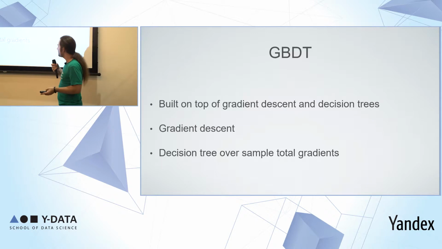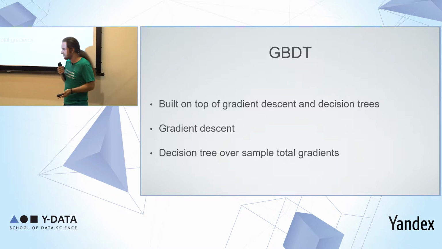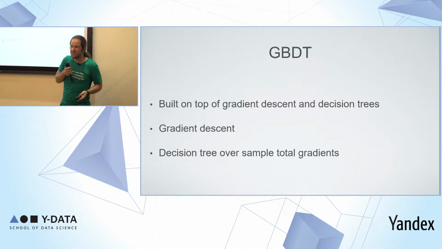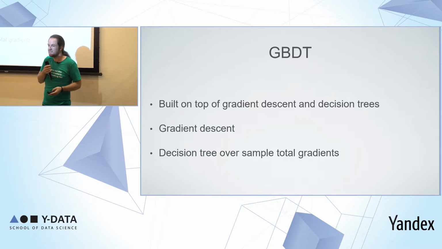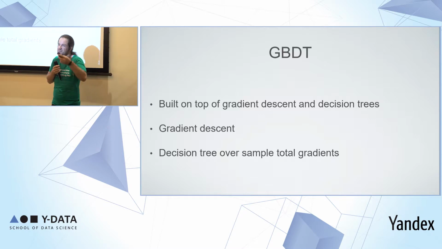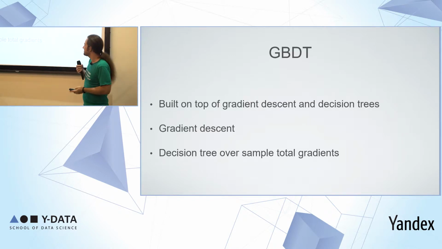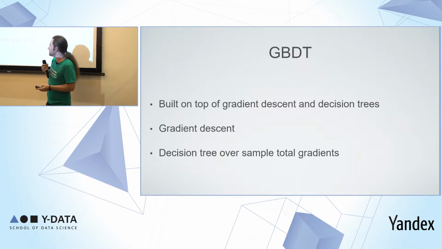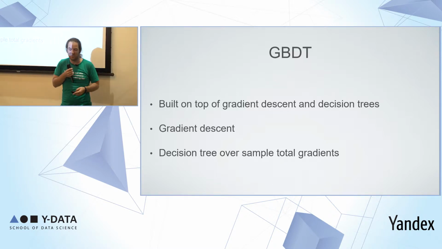First of all, there are two concepts: gradient descent and decision trees. Who already knows how gradient descent works, in principle? Okay, so I would say it's like 60%. So I will still talk about this, but only a little.